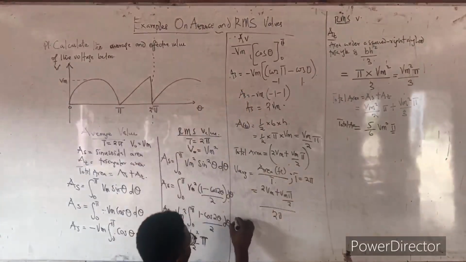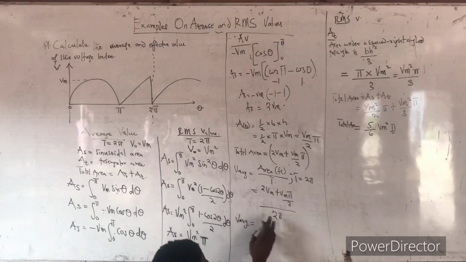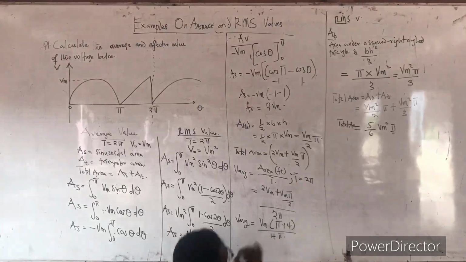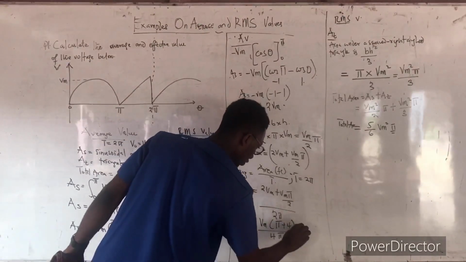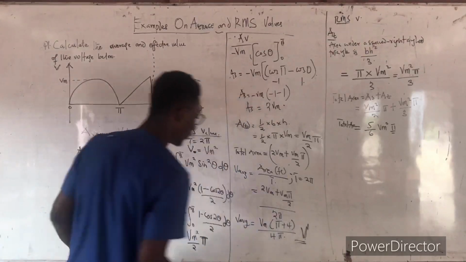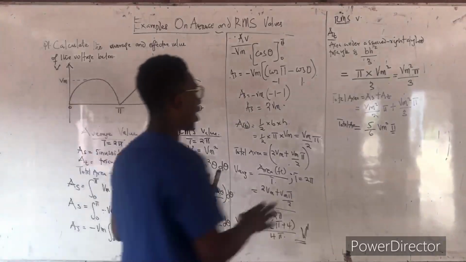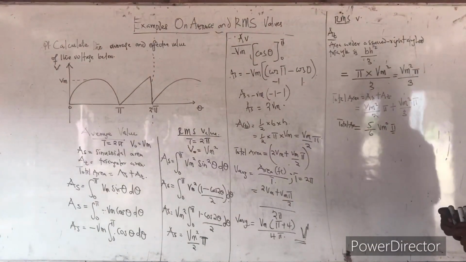When you substitute this, our final average simply becomes Vm into bracket pi plus 4, all divided by 4 pi. And this is the value for the average value of the voltage V.